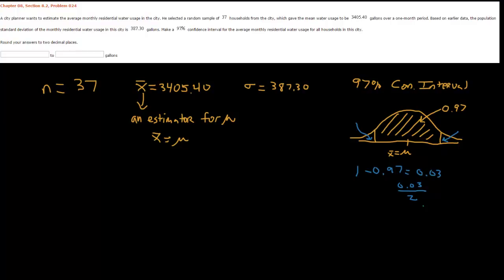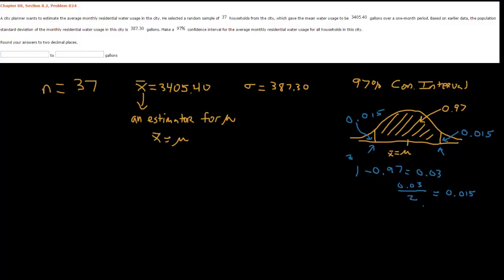So if you divide by 2, what do you get? 0.015 in both of those tails. 0.015 there, and 0.015 there. Okay, so now the question is, what is that z-value, and what is that z-value?